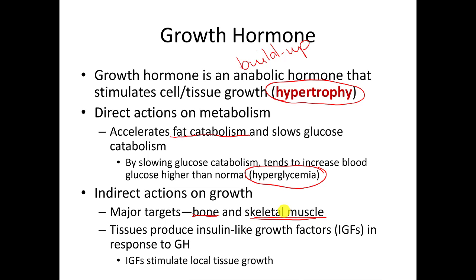Once they hit puberty, it's no longer the growth hormone that's really triggering those big growth spurts, but instead it's sex hormones like estrogen and testosterone. What will happen is tissues will produce something called an insulin-like growth factor in response to this growth hormone. And that insulin-like growth factor is going to stimulate those local tissues to start growing.